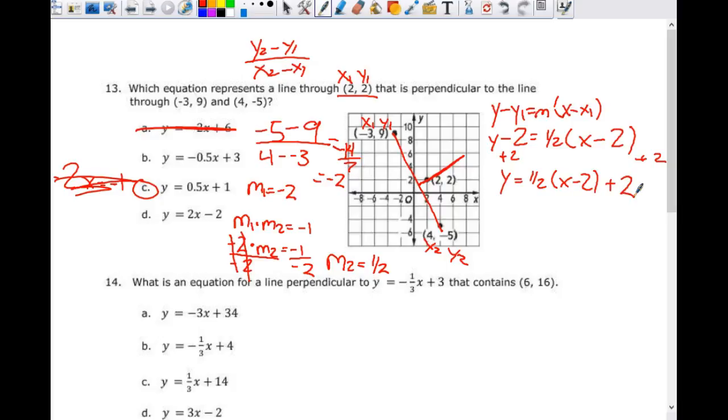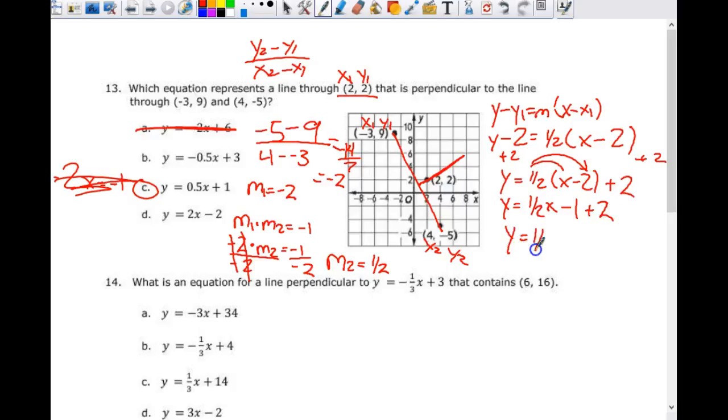So we're still not done. We need to distribute it. Perfect. Distribute the 1/2 here. Distribute the 1/2 here. So we have y is equal to 1/2 times x plus minus 1/2 times negative 2 is going to be what? Negative 1 plus 2.